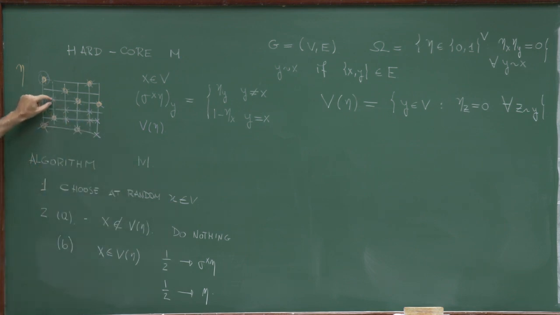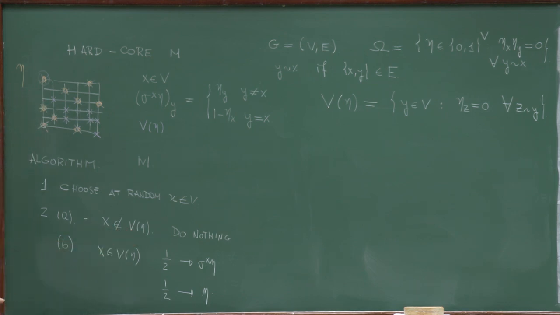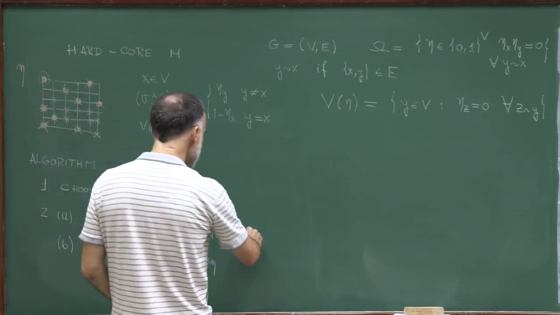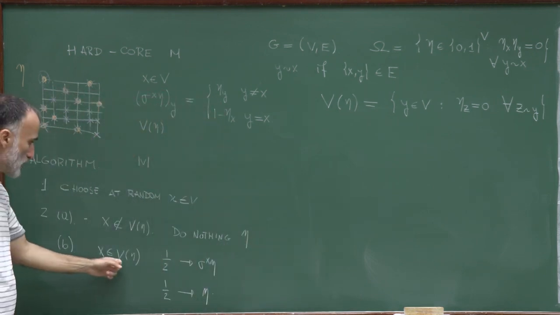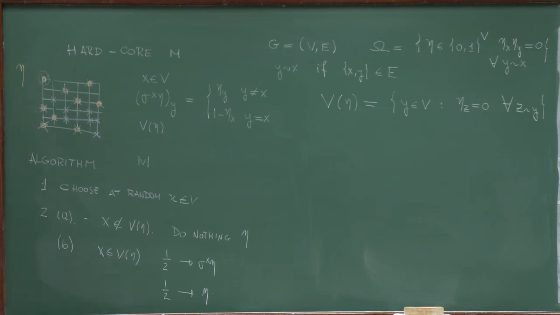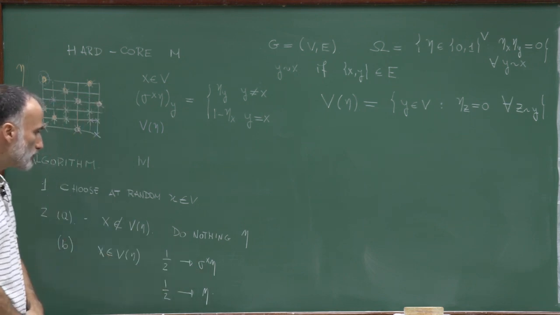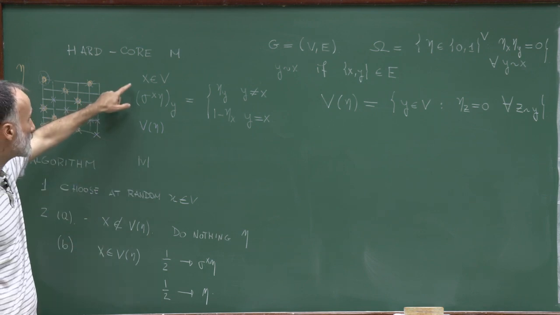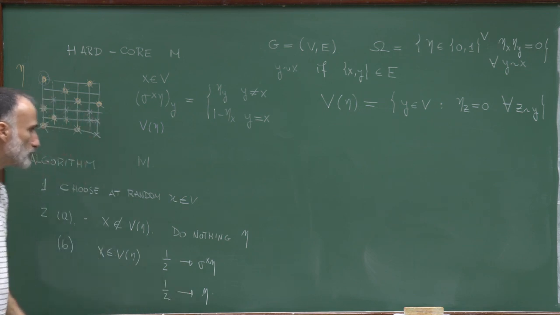If the site I chose does not belong to V, there is nothing I can do, so I don't change the configuration, I keep the configuration eta. But if X belongs to this set V of eta, with probability 1/2, I flip the value at x of the configuration eta, so I replace eta by sigma x of eta. And with probability 1/2, I keep the configuration eta. So that gives me an algorithm.